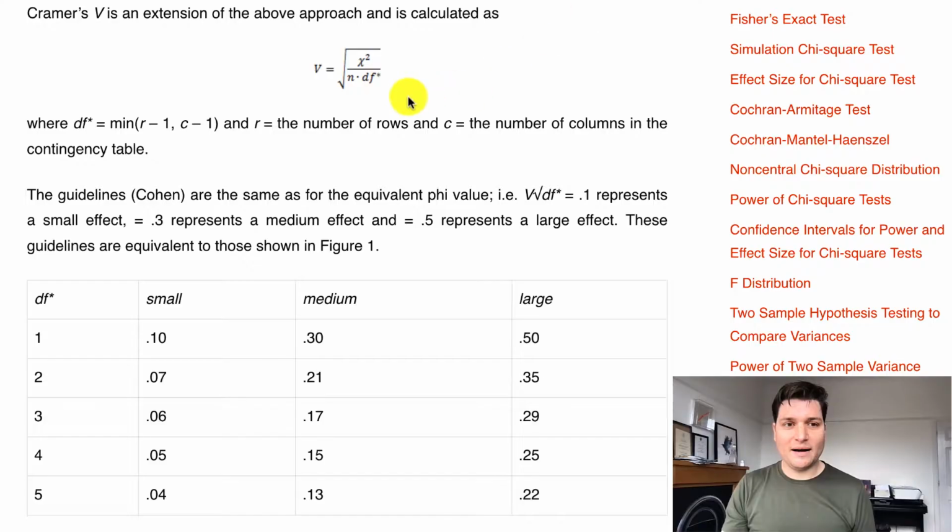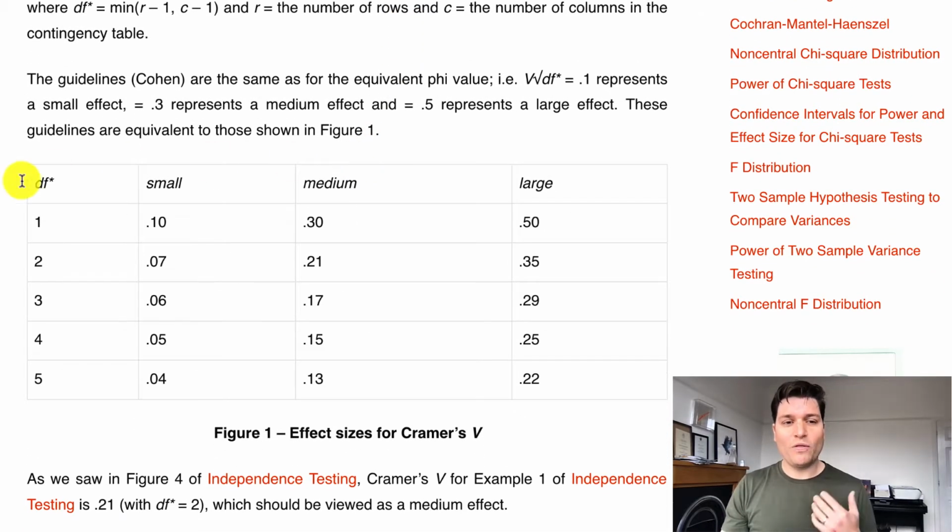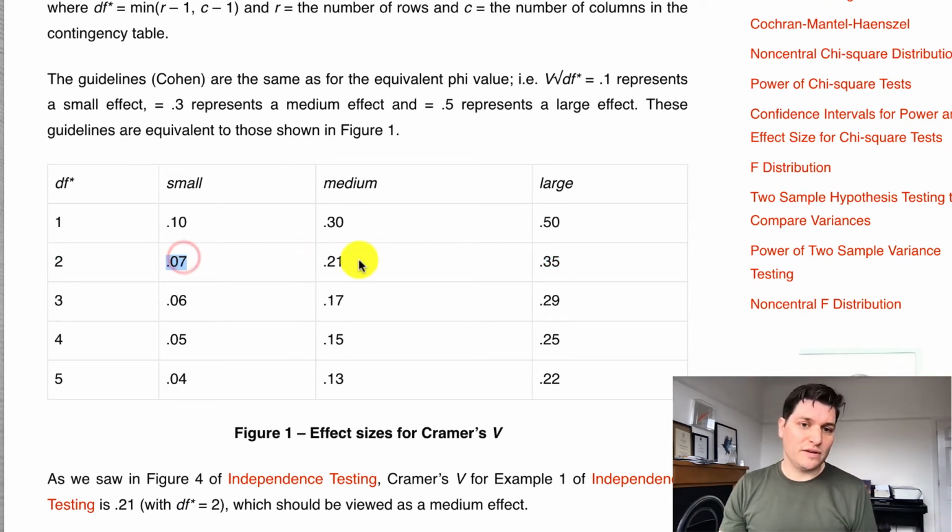Well, I'm going to pull up a little table, and this is giving you what the effect sizes mean. So if we've got degrees of freedom of 2, then we can say that 0.07 is small, anything up to, then from 0.21 to 0.34, it's going to be medium, 0.35 and above is going to be large.